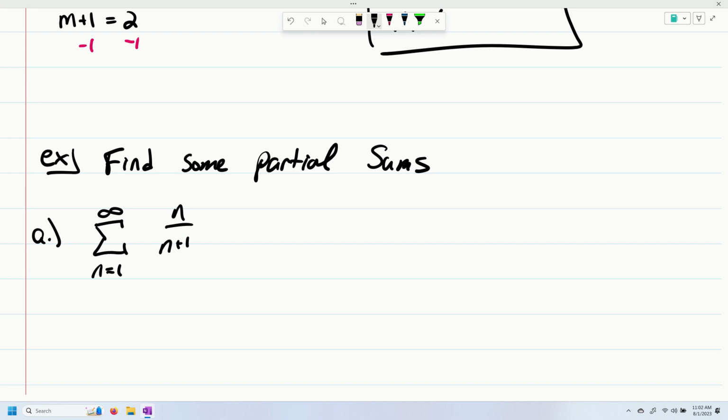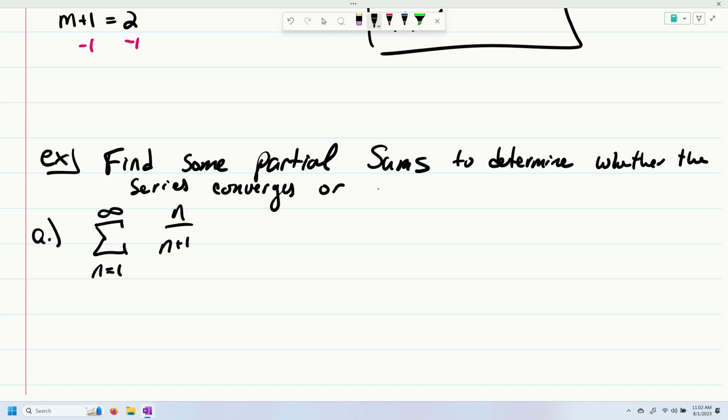So for each of these, we're going to use the sequence of partial sums to determine whether the series converges or diverges.